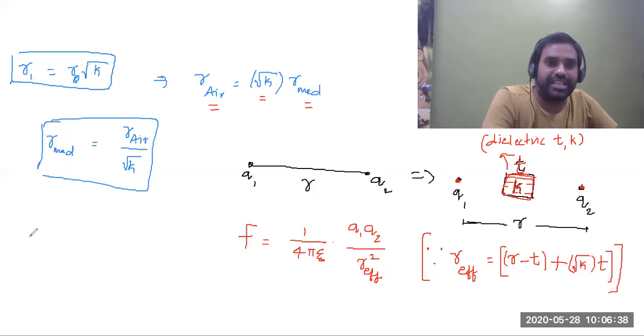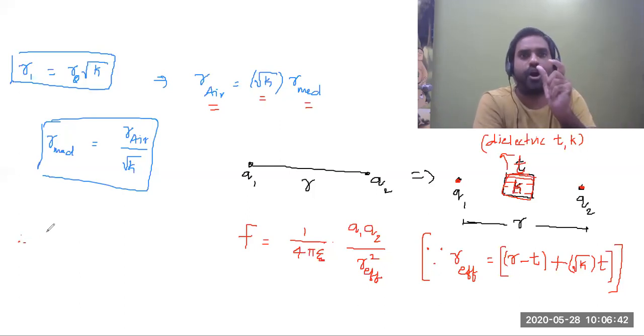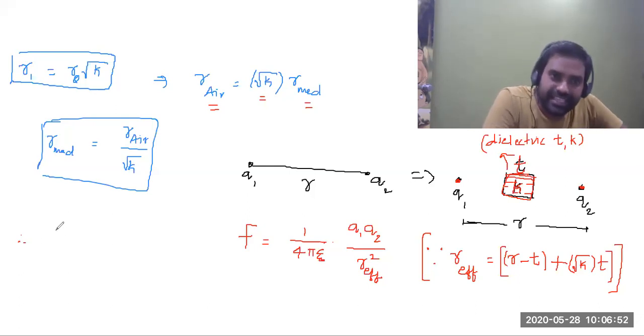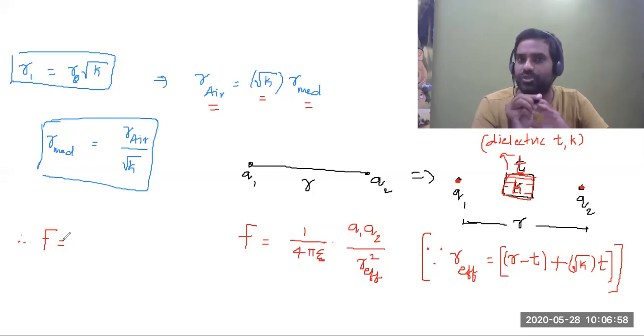So therefore I can write, if a small portion or a small distance between the two charges is covered by a medium having thickness T and dielectric constant K, then in such a case the force will not be as in the total case. If the medium totally occupies the space, force decreases by K times, no worries. But here only a small portion is there.